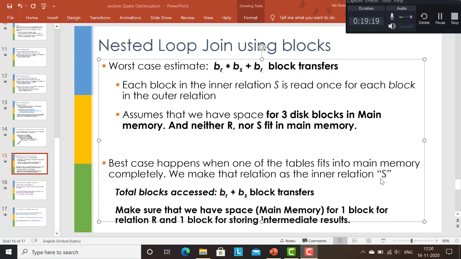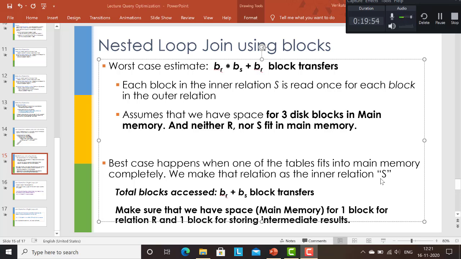You just make one pass of relation S and bring the entire relation S into the main memory, and then you fix one disk block worth of space for reading relation R and some space for storing the intermediate join results, right? Relation S is now completely in the main memory, so you're not going to loop over it one more time.